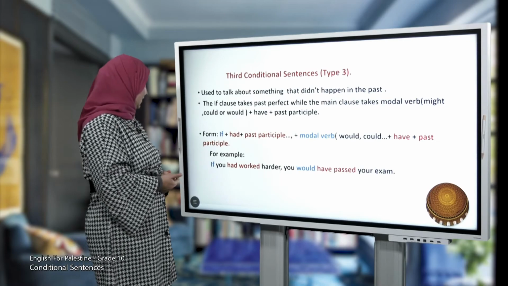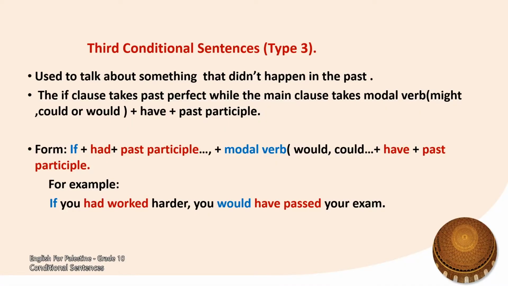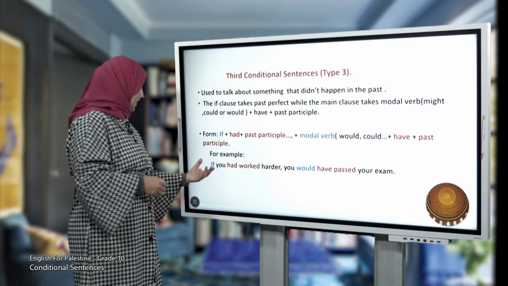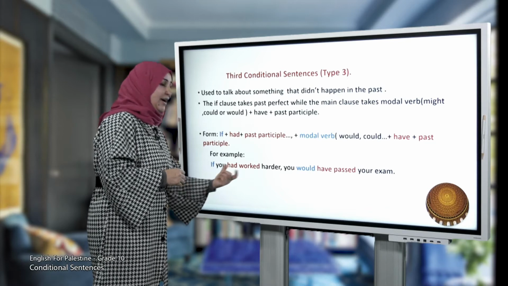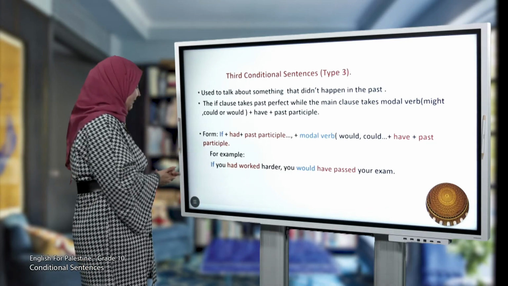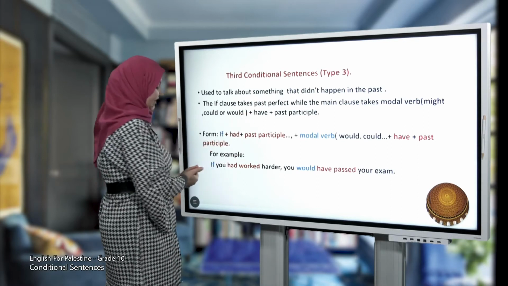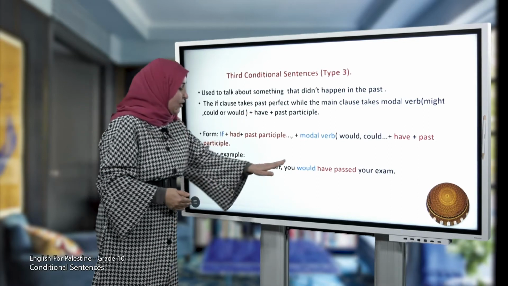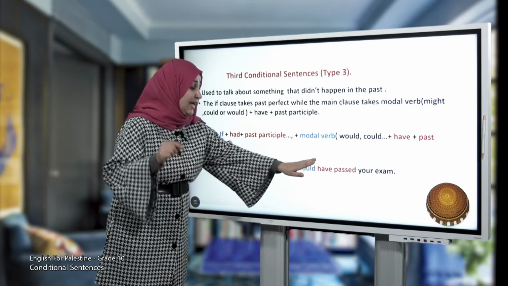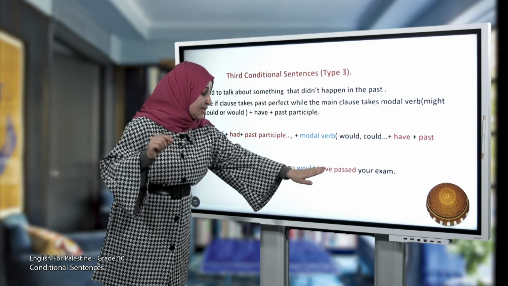For example, if you had worked harder, you would have passed your exams. Again, if you had worked, notice that we have had plus verb 3, which is called past perfect, and we have would, have, and the verb 3, passed your exam.